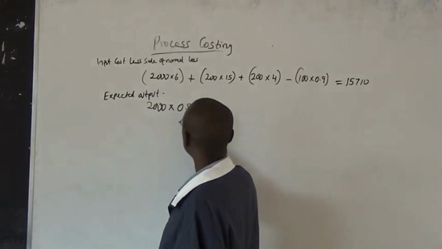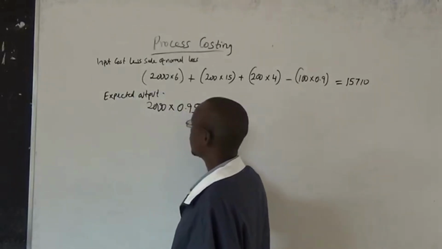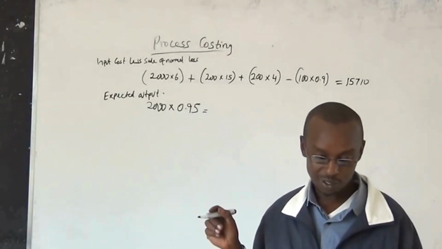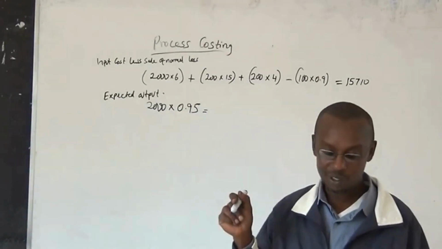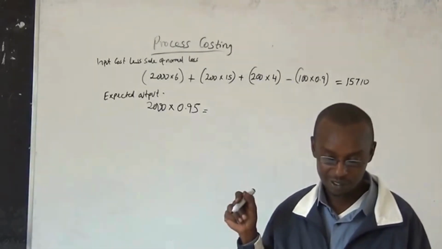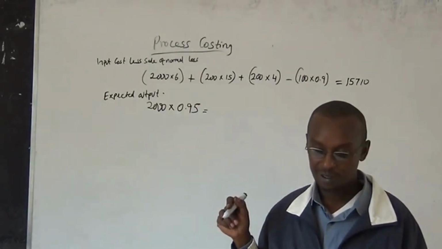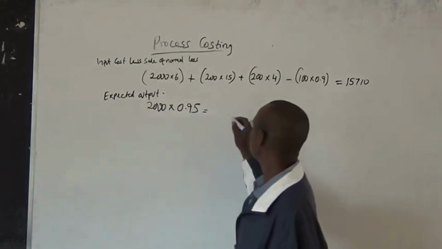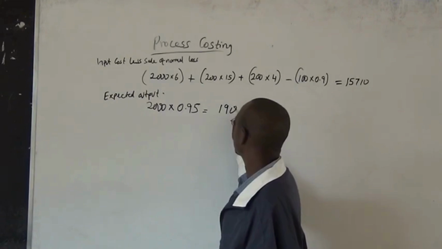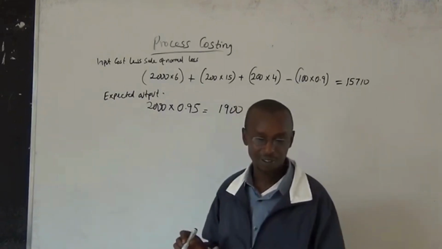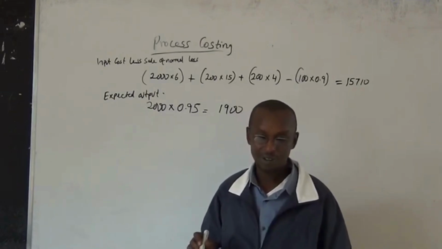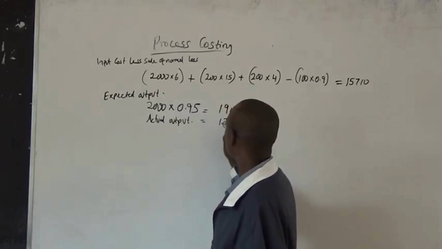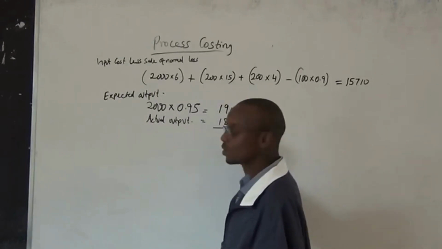Why 0.95? Because of the 5% loss. So we are not going to get the 2,000 units, we are going to get less. This one will give you what? 1,900. Okay?